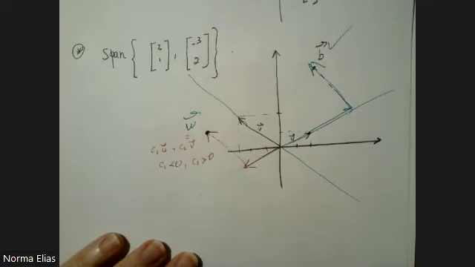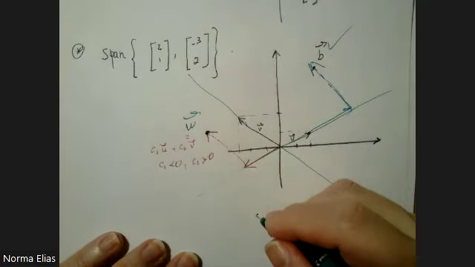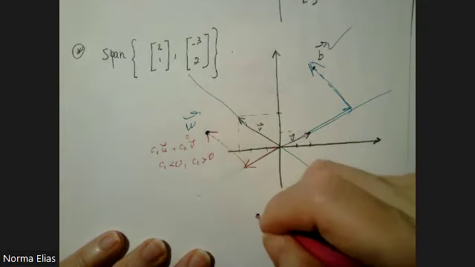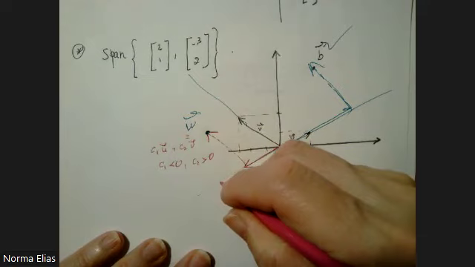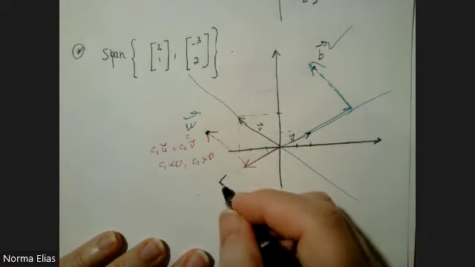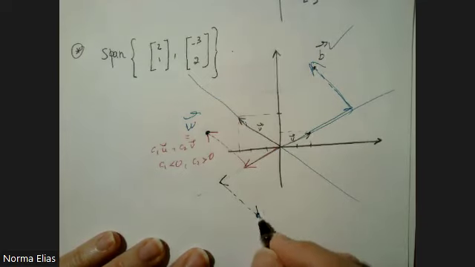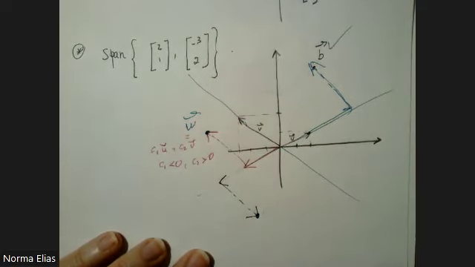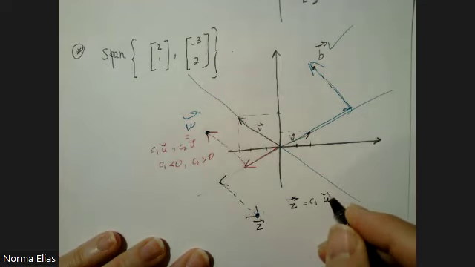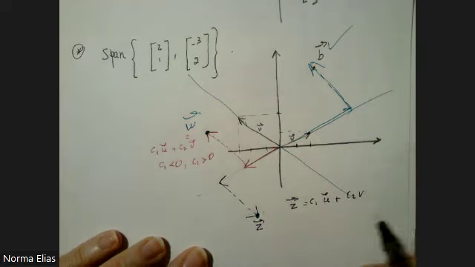And geometrically, I can do that anywhere. Suppose I have a vector here. Can I write it? Of course. From here, I take a vector parallel to V, and then I move a little bit in the direction of U, a little bit in the direction of V. So if I call this vector, whatever, Z, then Z is C1U plus C2V.